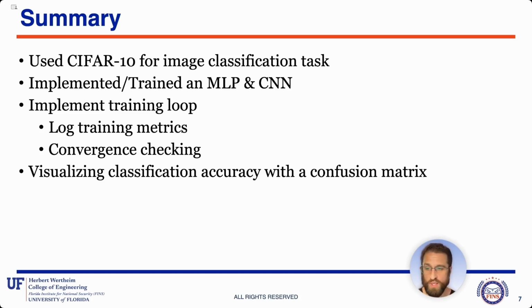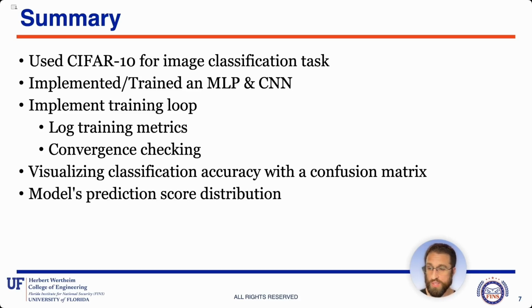And then we visualized our classification accuracy with the confusion matrix to quickly see how many times the model is predicting correctly for certain classes and where it is predicting incorrectly. We can also get a sense for how often the model is predicting incorrectly for specific classes, which can give us insight into how we might want to refine our data set, improve our data set, or refine our model as well.